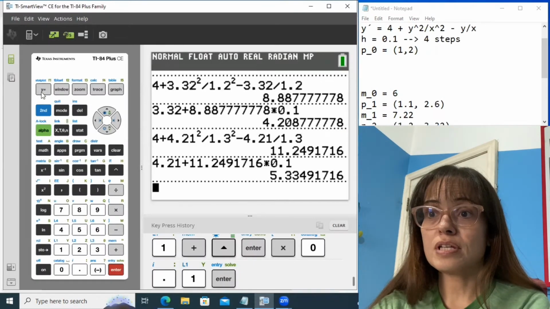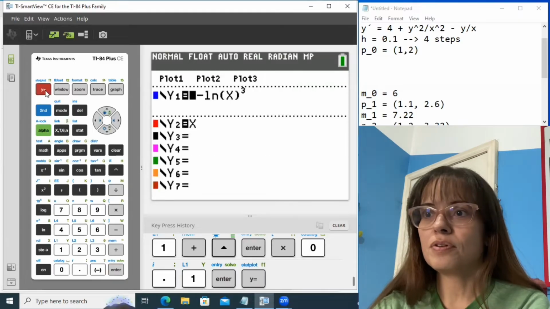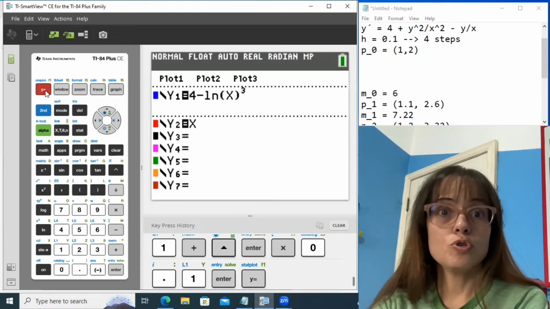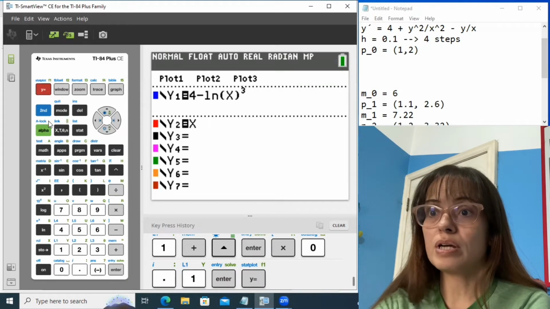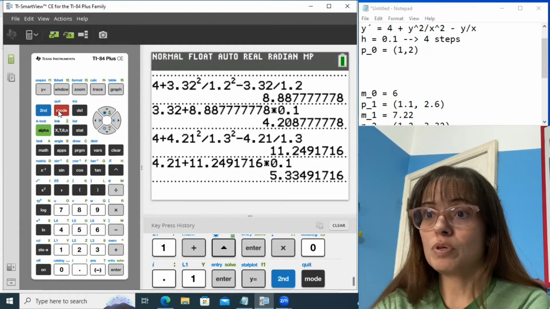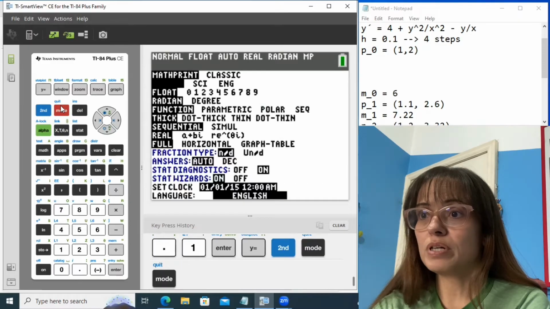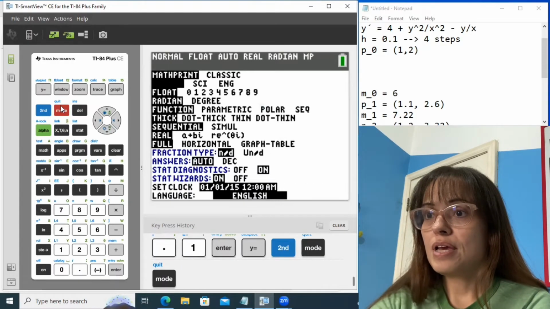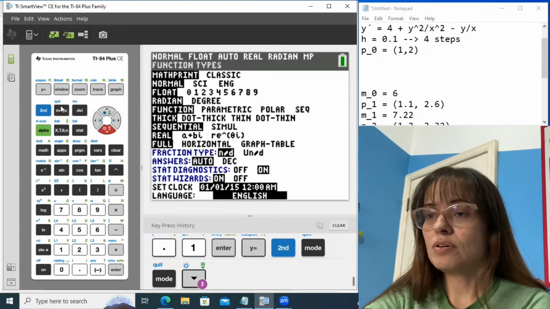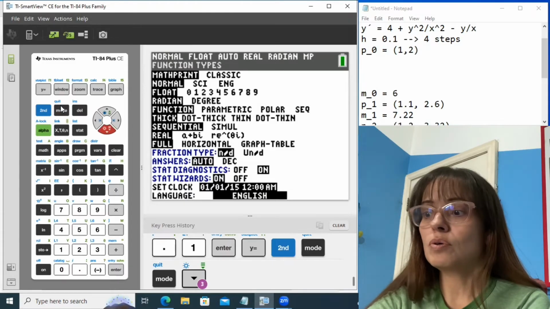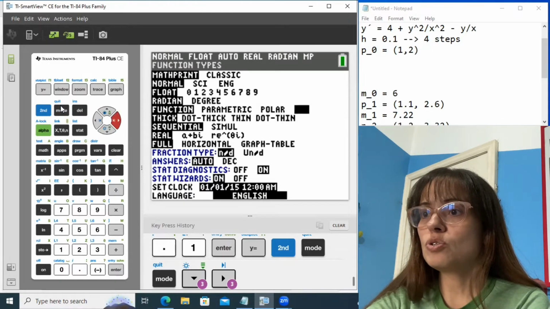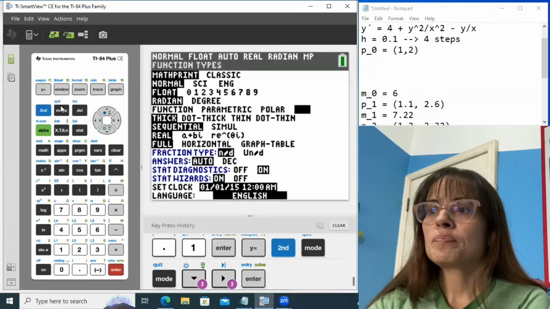Okay, so check this out. You know this button here, the y equals, where you usually type your functions to graph, right? That's not what we want to do right now. But if you go into the mode button right here, there is a line here where it says function right now, and you can change that to say sequence.